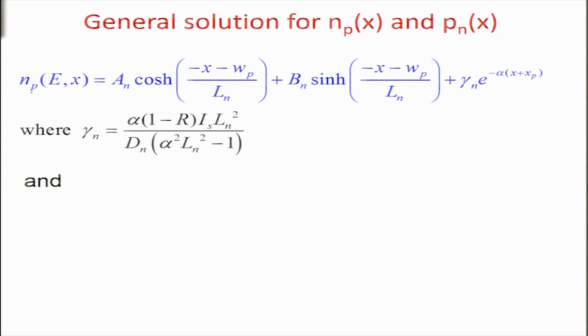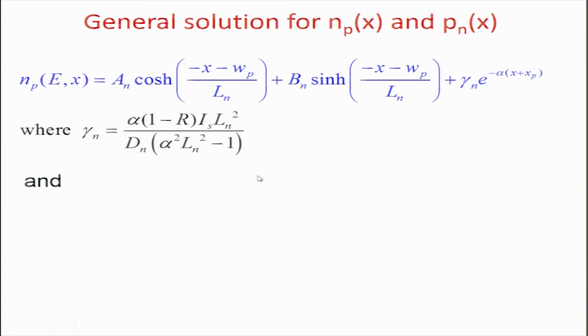So, electrons on the P side, their concentration as a function of distance varies as An cosh of minus (x minus Wp) divided by Ln, plus Bn sinh of minus (x minus Wp) by Ln, plus gamma n exponential of minus alpha into (x plus xp), where gamma n is alpha into 1 minus R in Ln square divided by Dn into (alpha square Ln square minus 1). We will see this later in a little more detail, but let us first just go through the general forms.